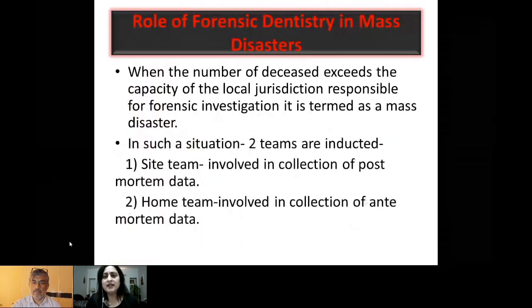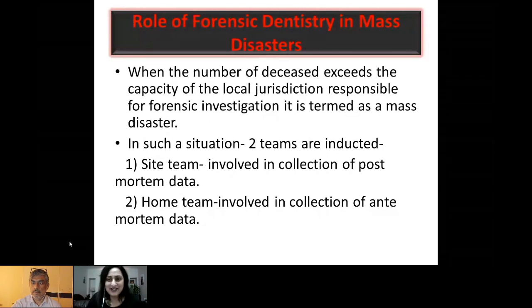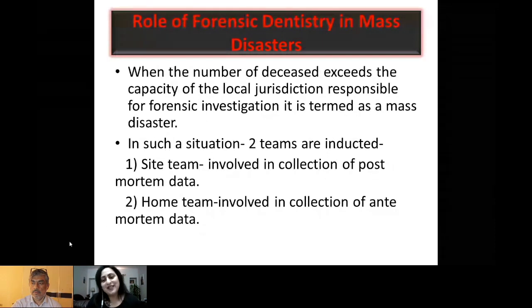Role of forensic dentistry in mass disasters. When the number of victims exceeds the capacity of the local jurisdiction responsible for forensic investigation, it is termed a mass disaster. In such a situation, two teams are inducted.